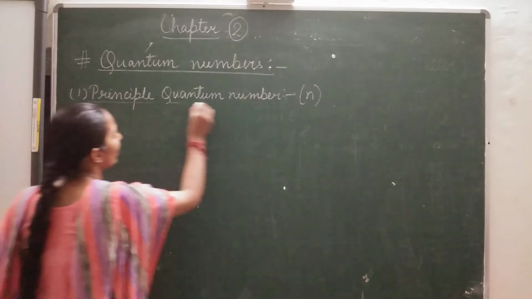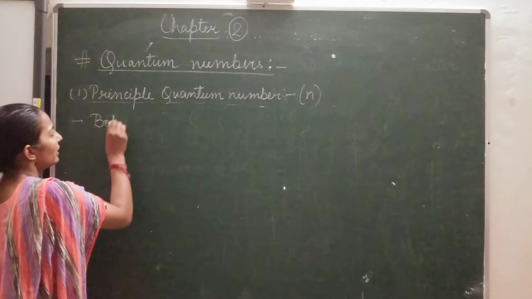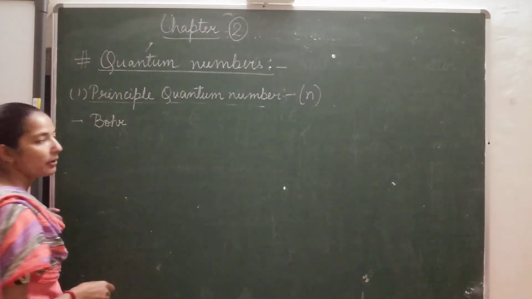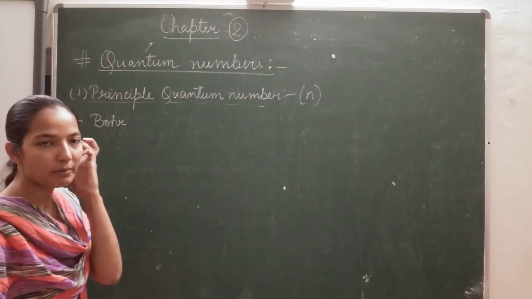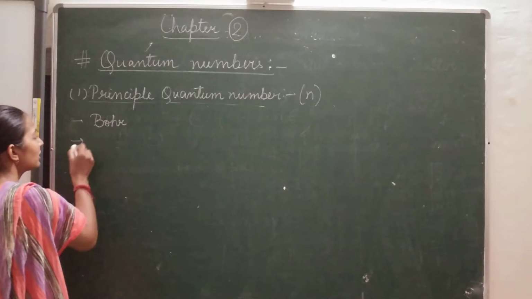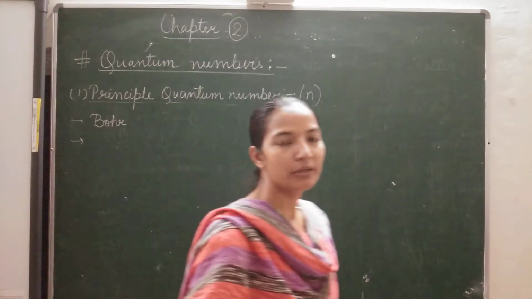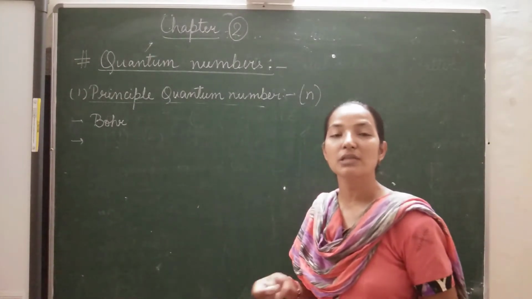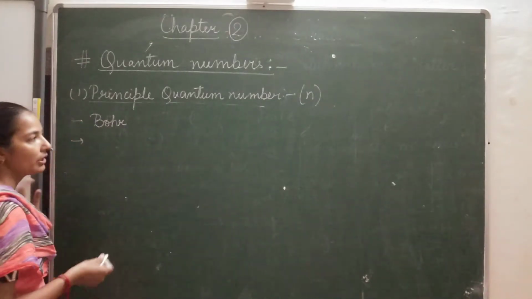The principal quantum number was first of all given by Bohr. It means Bohr gave the idea about the principal quantum number. This quantum number actually represents the name of orbits or shells, also the size of the orbit or shell, and also the energy.